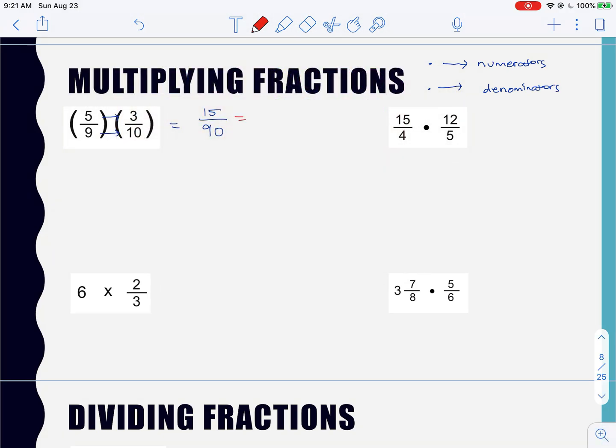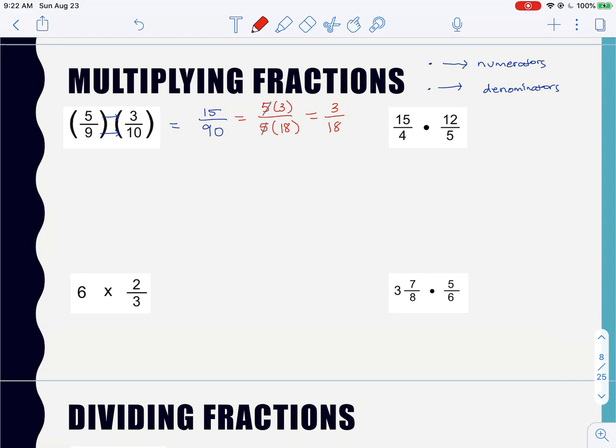You can break up 15 as 5 times 3, and 90 as 5 times 18. So you could reduce the 5 and the 5, because 5 divided by 5 is 1, and this is going to be 3 over 18.